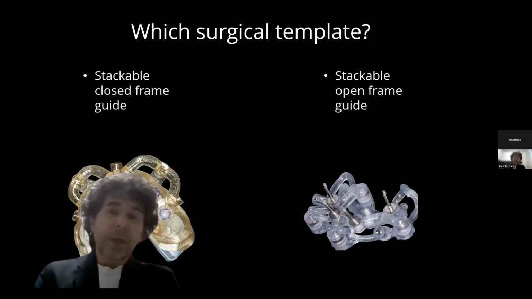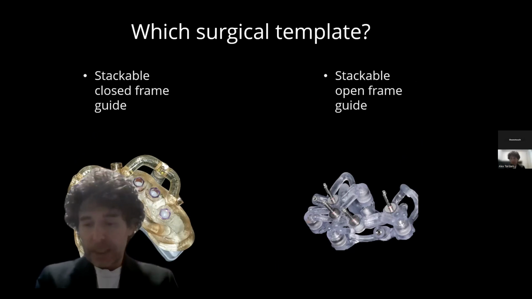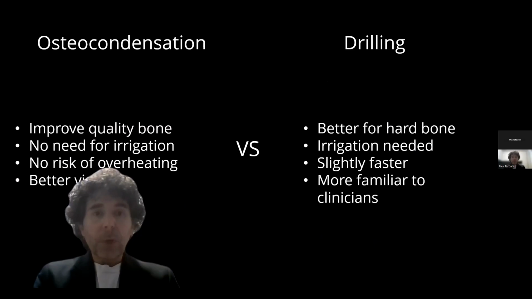In this case, and this is my personal preference, I always tend to use open guides exclusively because I see many more advantages, even though we can get the same stability and rigidity as closed ones if designed correctly.